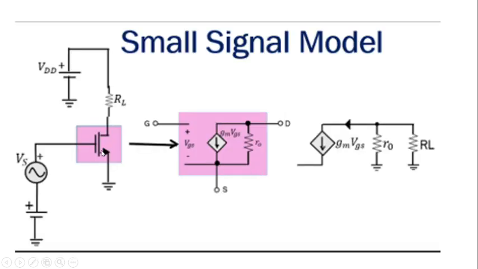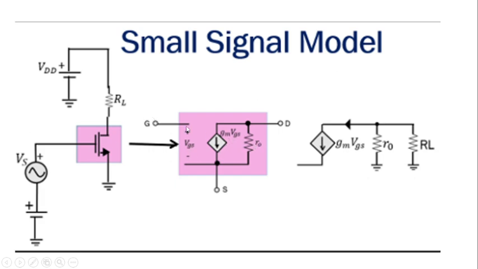This is your NMOS, because of the gate, source, and drain, and the arrow mark towards the source. The voltage source is applied across your gate. This is a load resistance, VDD is being applied, and this circuit is converted to the equivalent circuit. This is the voltage across gate to source. You have the transconductance parameter, current direction, VGS, and this is the r_o of your transistor.